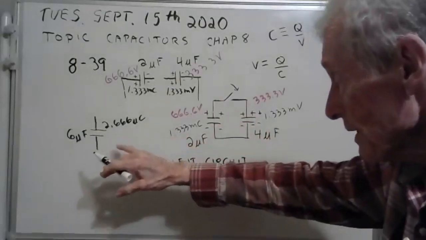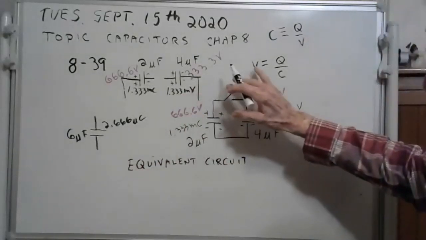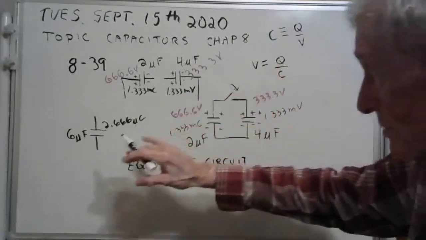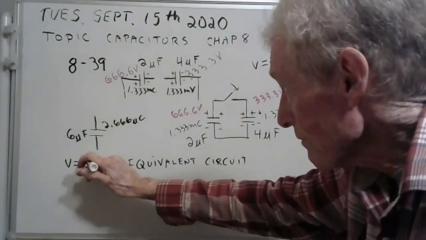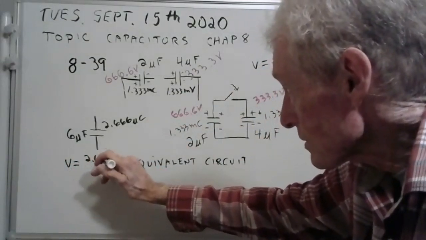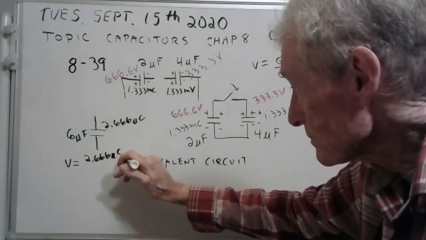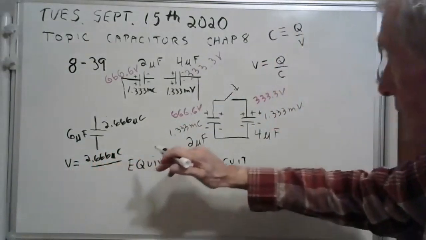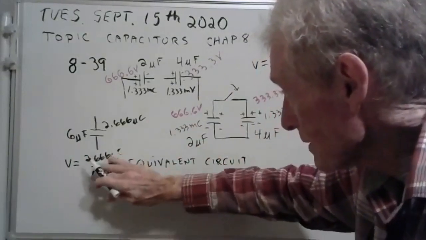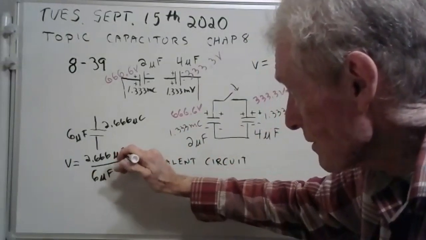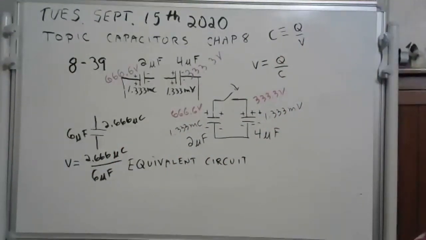Now look at here. You can find the voltage if you know the charge and the capacitance. What will be the voltage if you have 2.666 microcoulombs and you have 6 microfarads? Can you read my writing? What do you get for the voltage? Well, I've got a calculator though.